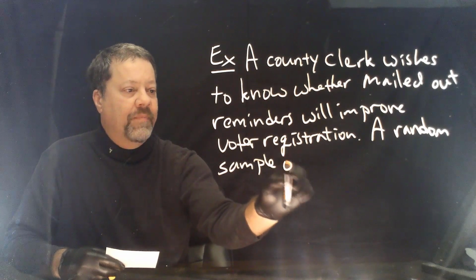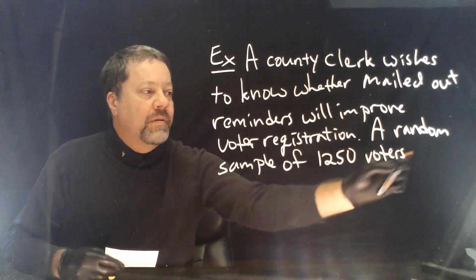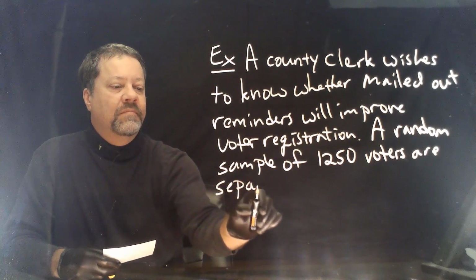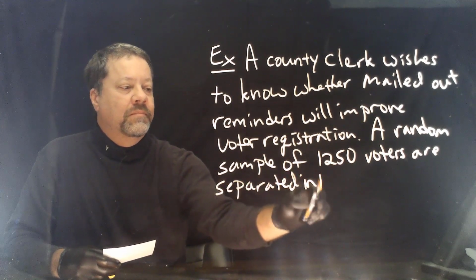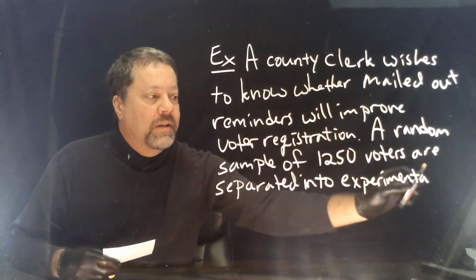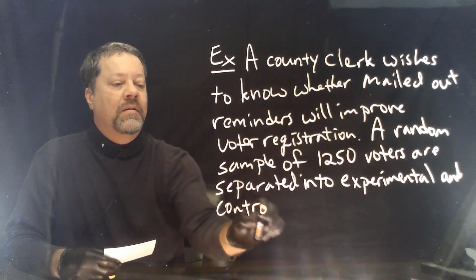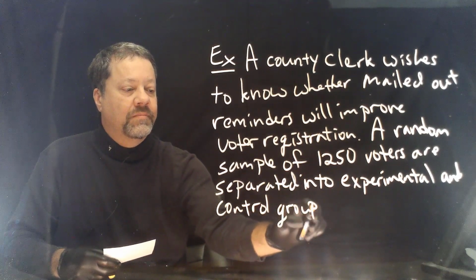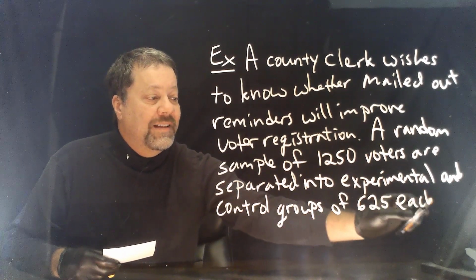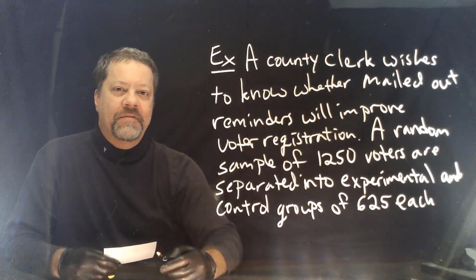A random sample of 1,250 voters are separated into experimental and control groups of 625 each. So N1 and N2 are 625.